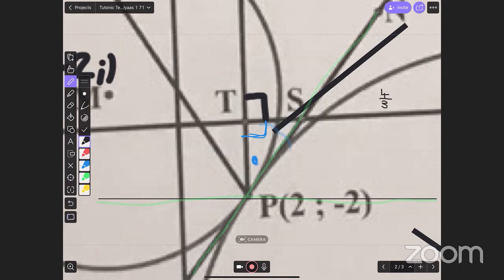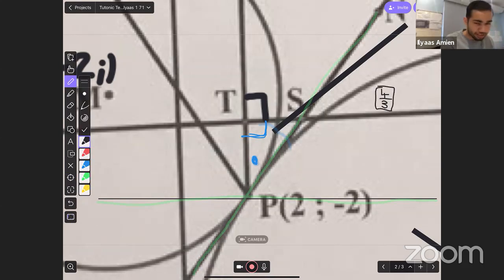So what's the angle of inclination? Tan theta equals the gradient. Grade 11 concept maths for those watching on YouTube. What's the angle? 53.13 degrees.